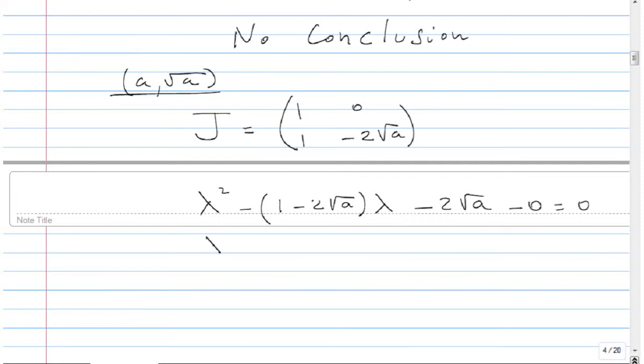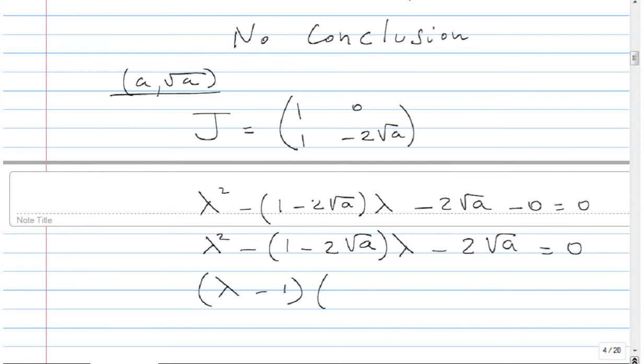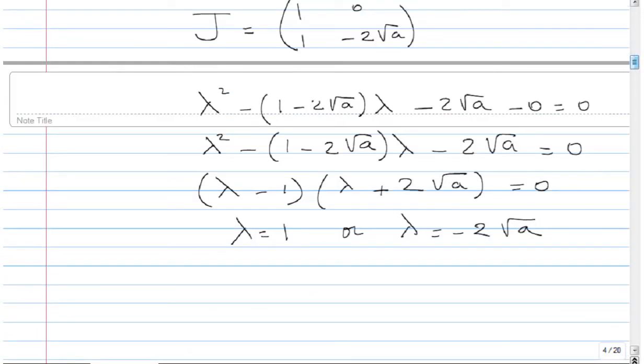So this gives me lambda squared plus (1 minus 2 square root of a) lambda minus 2 square root of a equals 0. Here, this is an exercise to leave to the student: this is (lambda minus 1) times (lambda plus 2 square root of a) equals 0, which gives me lambda equals 1 or lambda equals minus 2 square root of a. As we can see, one eigenvalue is positive and the other one is negative, so we have a saddle point. So (a, square root of a) is a saddle point.